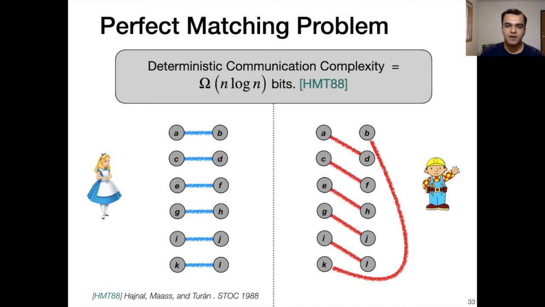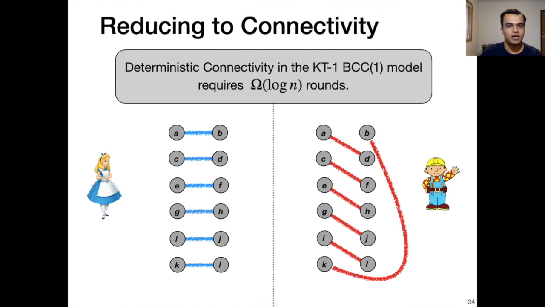We show in this paper, using techniques from the paper by Hajnal, Maass, and Turan, that the deterministic communication complexity of the perfect matching problem is omega n log n bits. And using our reduction to connectivity from the perfect matching problem gives us a deterministic connectivity lower bound in the KT1 BCC1 model of omega log n rounds.